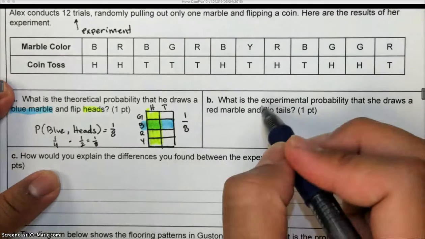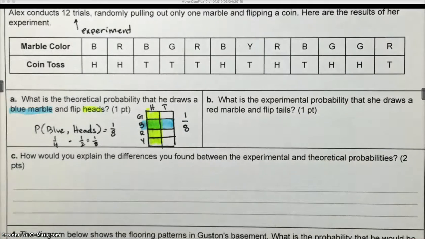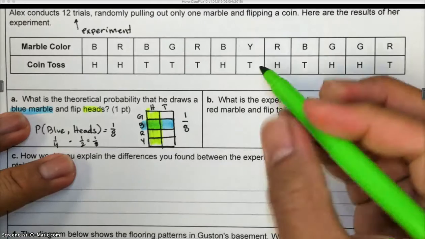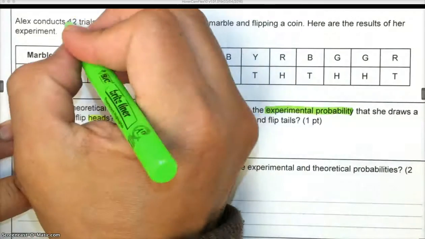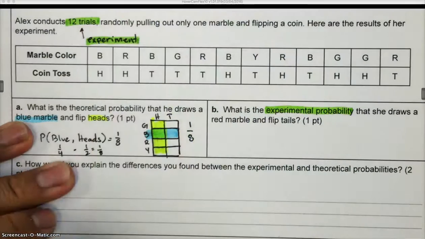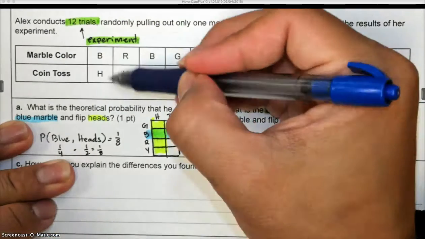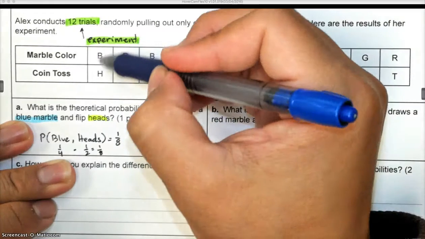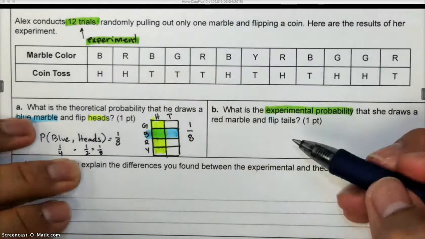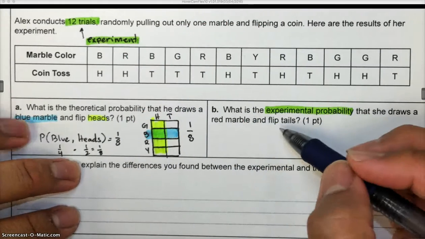Now, experimental probability is based on our experiment, and that's based on these 12 trials. These 12 trials are listed here. Trial 1, trial 2, 3, 4, all the way to 12. So I'm looking for red marble and tails.